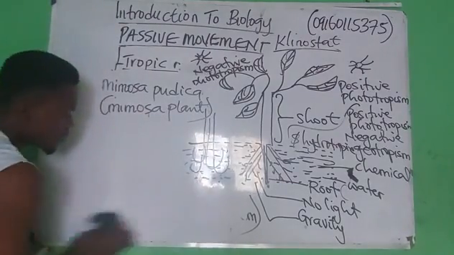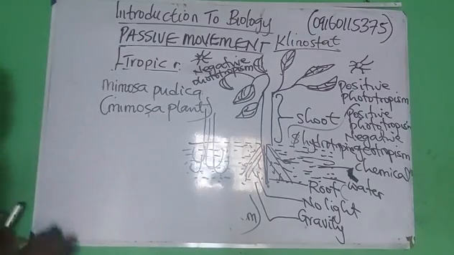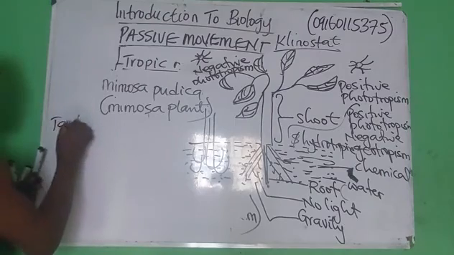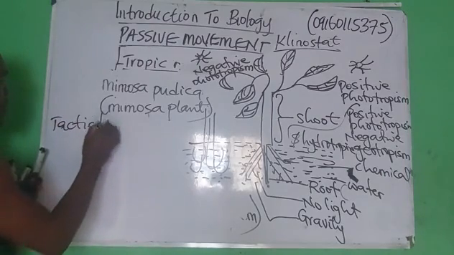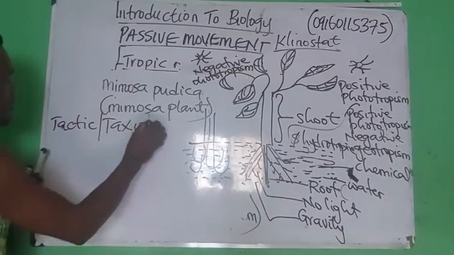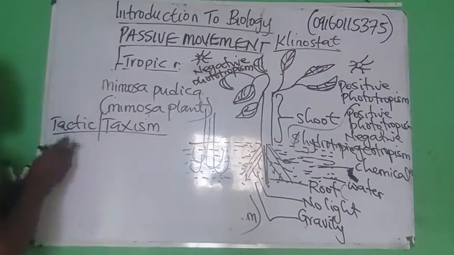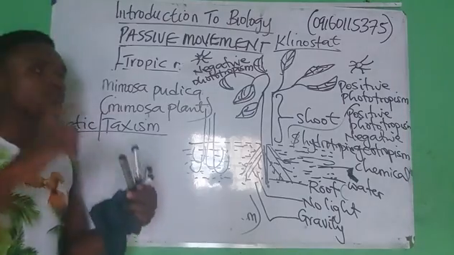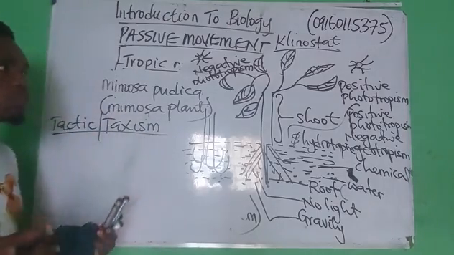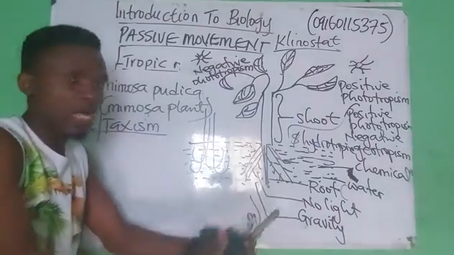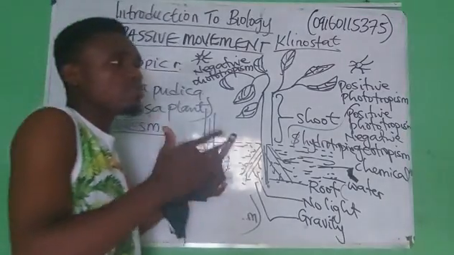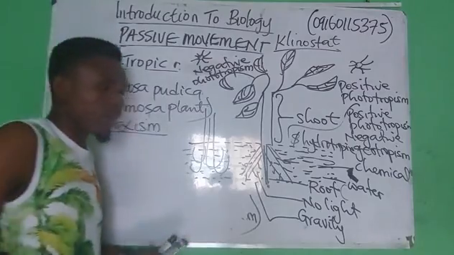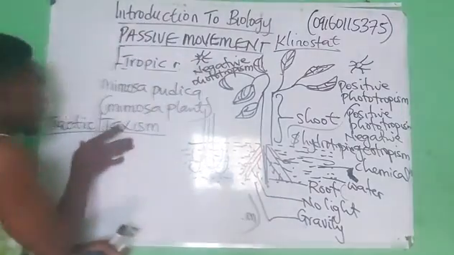The third type of movement, which we'll be concluding with today, is the tactic movement. Tactic movement or taxism. Tactic movement or taxism is a type of movement in which the whole part of the organism moves in response to a given stimulus, all right? The whole part is involved in this movement.